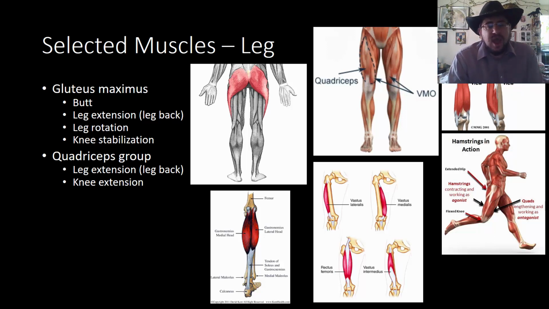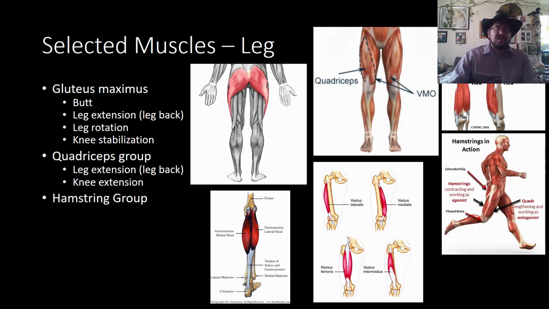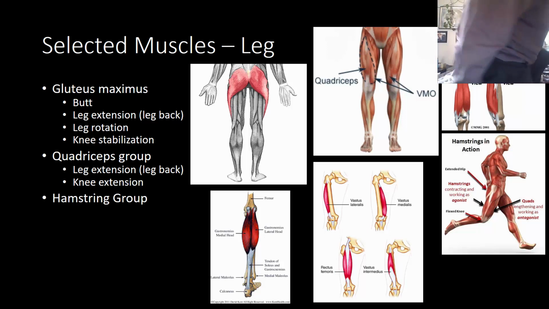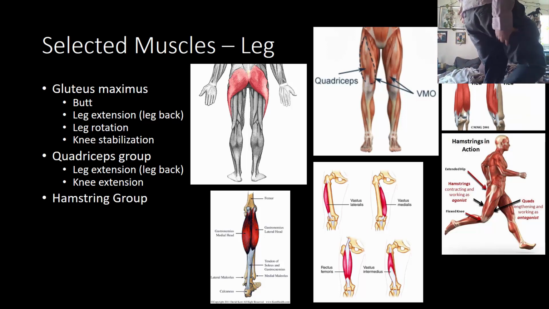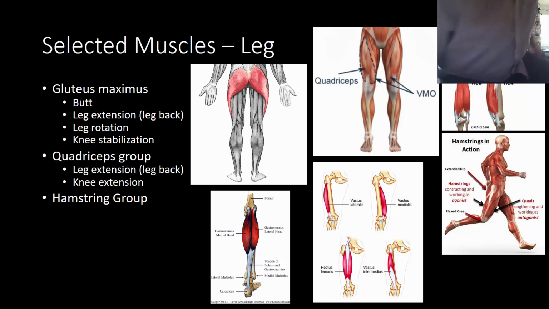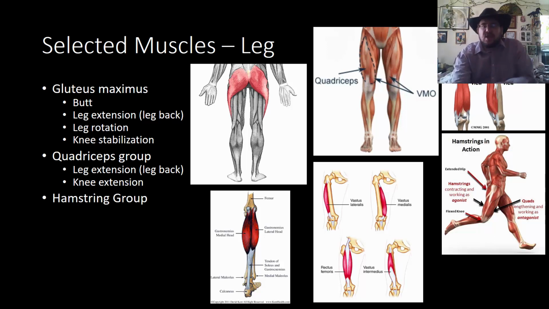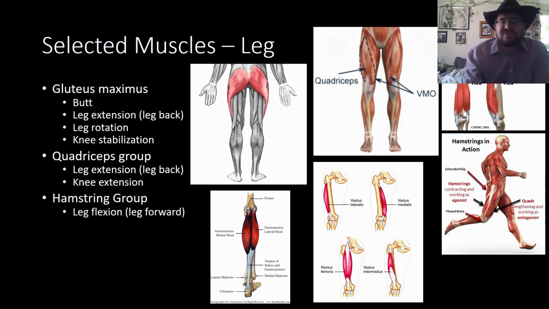Then, in contrast, we have the hamstring group, which is on the back of the femur. So, right here. When the hamstrings contract, your leg pitches forward like you're kicking a soccer ball with your whole leg, not with just your knee.